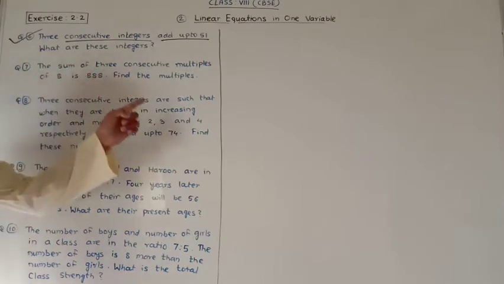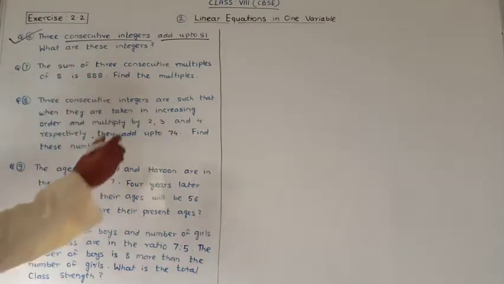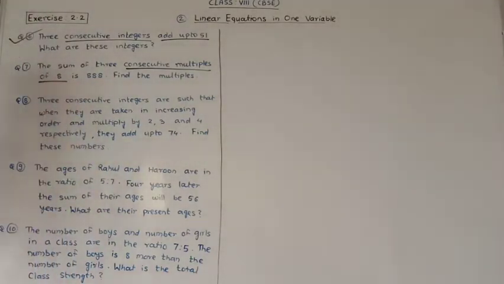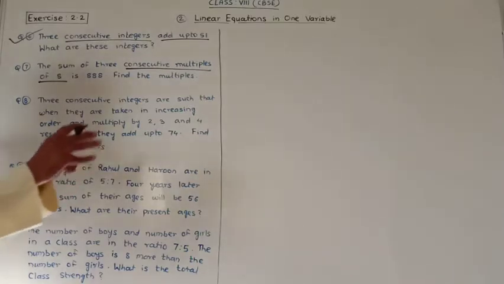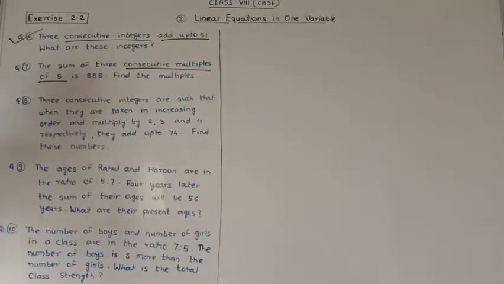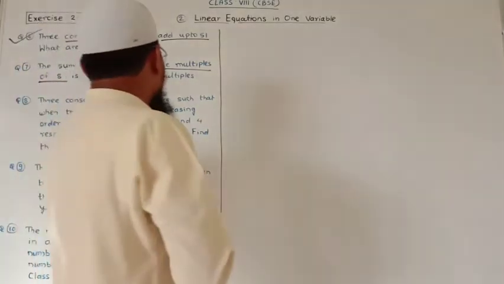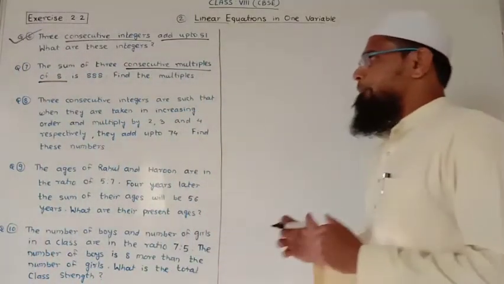Here consecutive, back-to-back multiples of 8 are given, and the summation of these 3 consecutive multiples is 888. So we have to find these multiples.